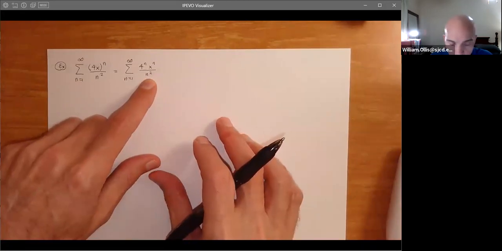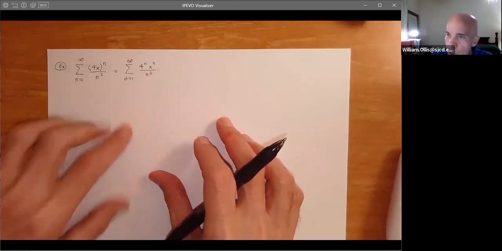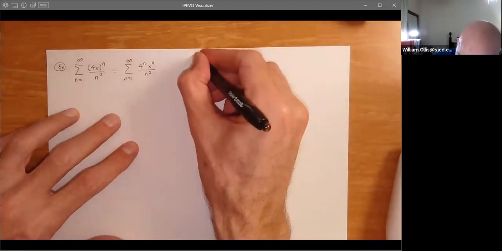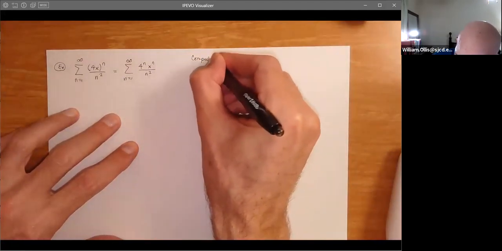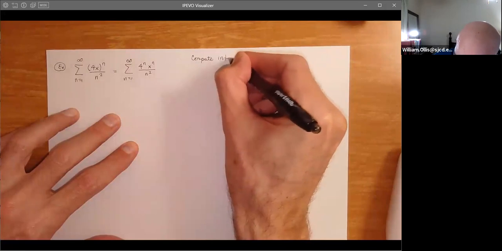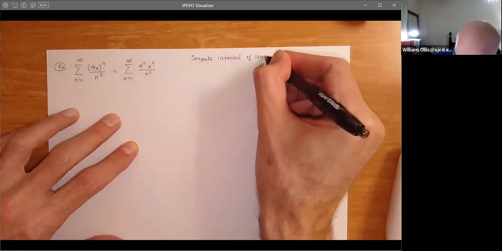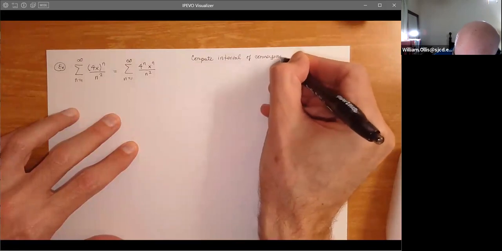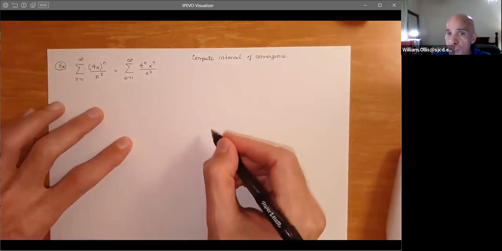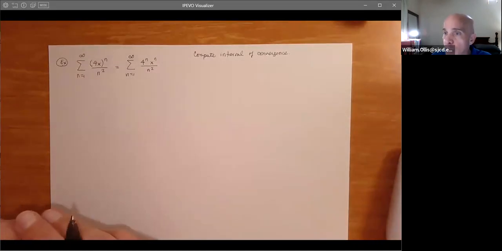So what we would want to do is say, okay, what's the interval of convergence? Compute the interval of convergence. Now, of course, every time you compute the interval of convergence, you automatically get the radius of convergence that you see from the absolute value equation.